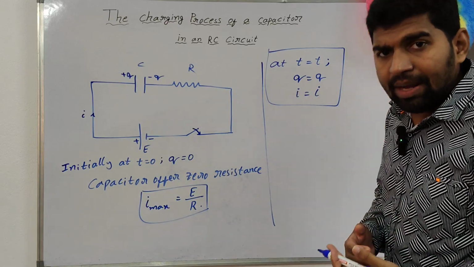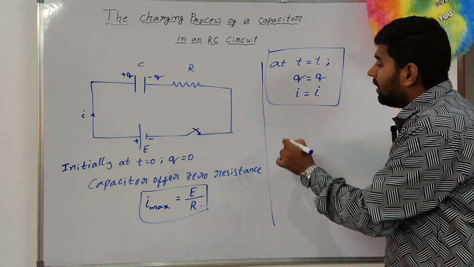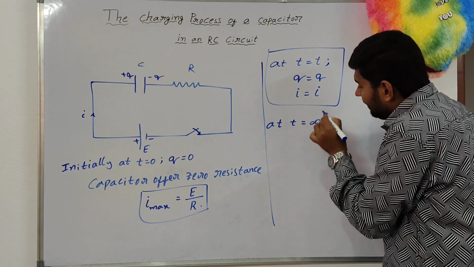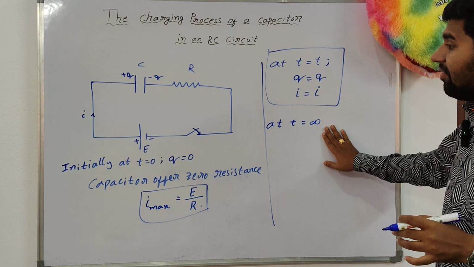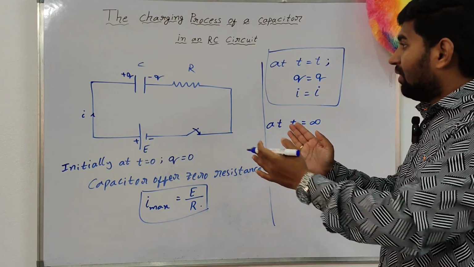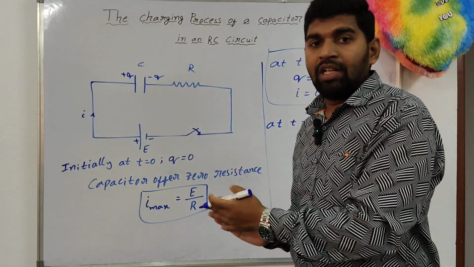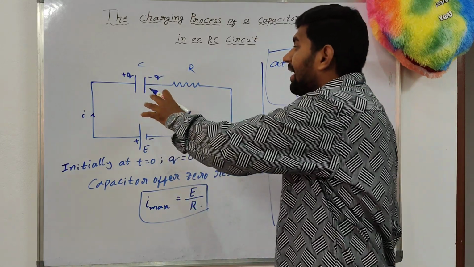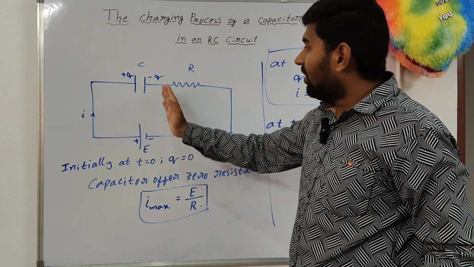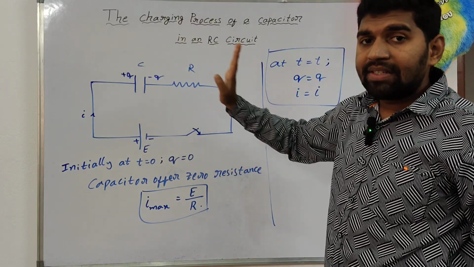Next, in the third case, after a long time period, you can consider at t is equal to infinity. What will happen? At t is equal to infinity, the capacitor becomes fully charged. After being fully charged, the capacitor opposes the remaining charges for accumulation on the capacitor plates.